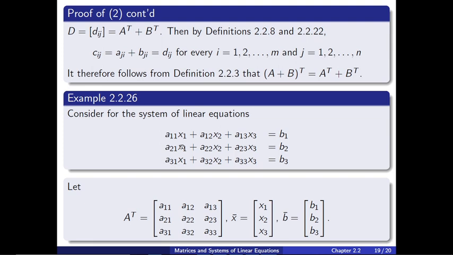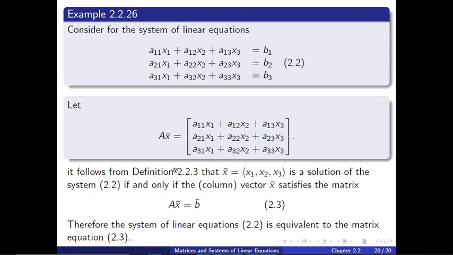A 3 by 1 matrix will be equal also to a 3 by 1 matrix. So if you think of this as a matrix, that is the Ax that we have here, it is just a 3 by 1 matrix equal to a 3 by 1 matrix.